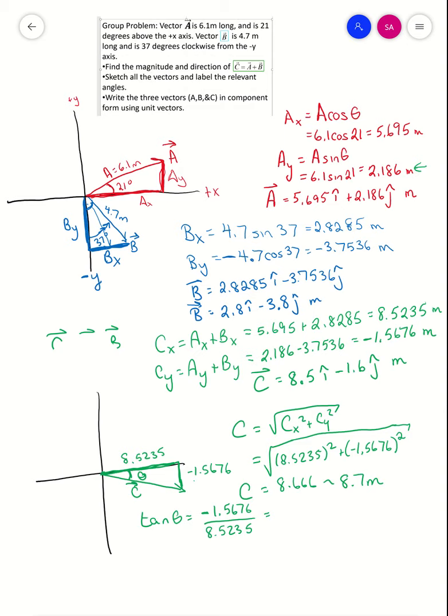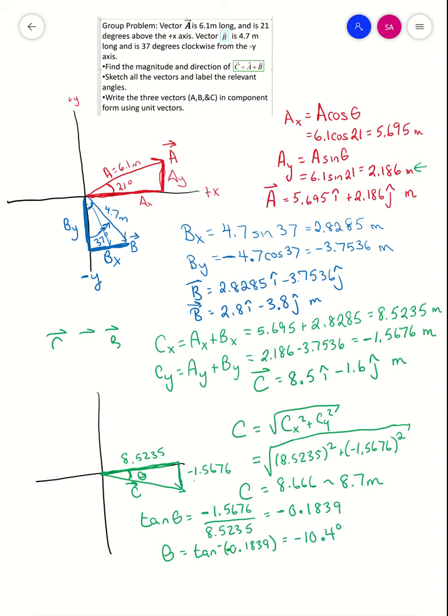Throw that in your calculator, and you get that that ratio is negative 0.1839. Then to get the angle, you have to do the inverse tan of negative 0.1839. And so I get negative 10.4 degrees.